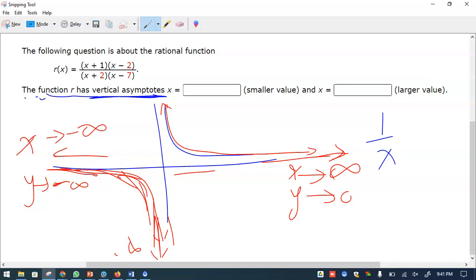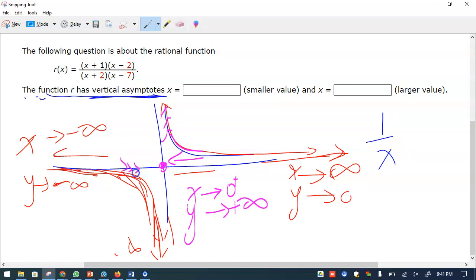A vertical asymptote is what happens when you approach 0. When x approaches 0 from the right side, meaning positive numbers, you put a plus, and the graph keeps increasing, so y is plus infinity.